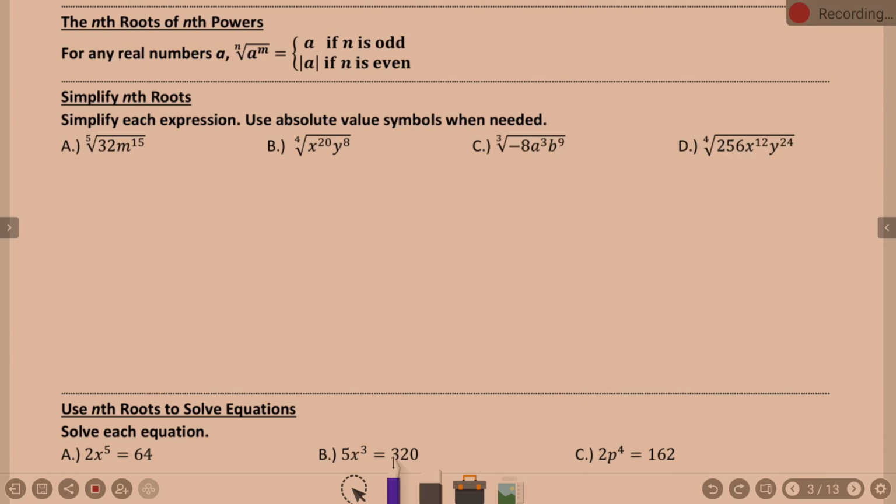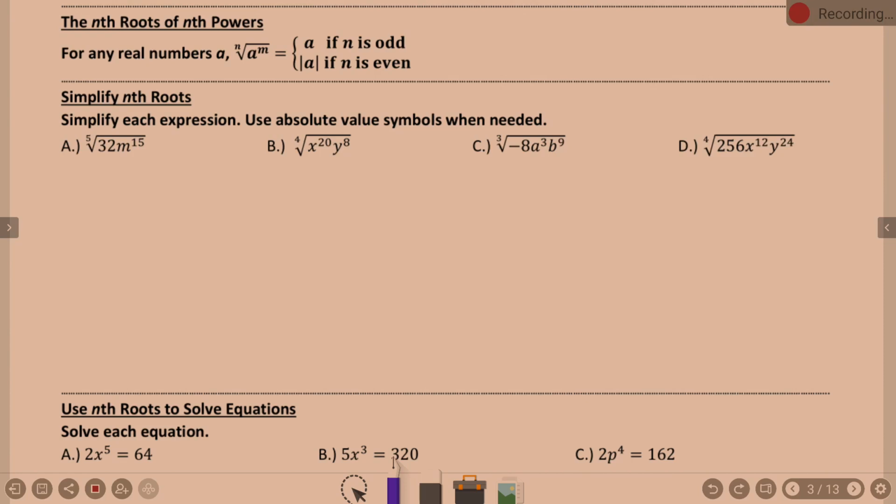Thoughts on the fifth root of 32m to the 15th? Oh my. Are we intimidated by this one? It's odd.